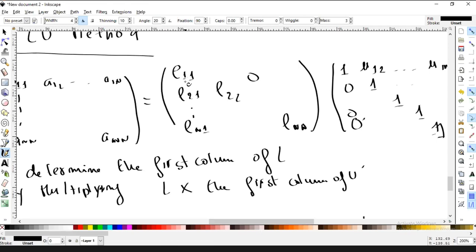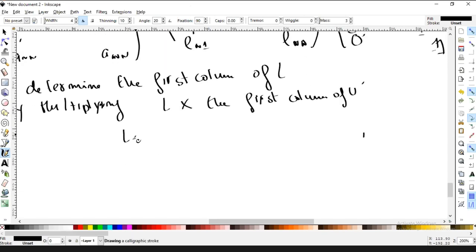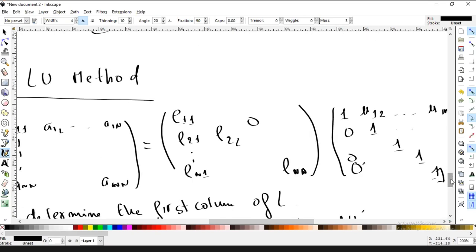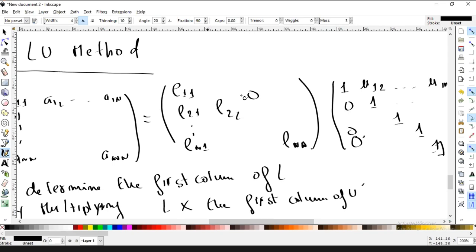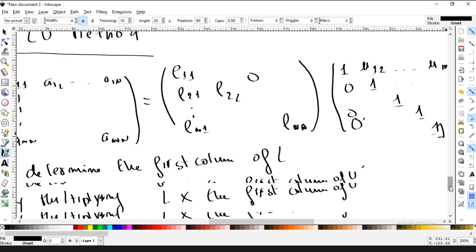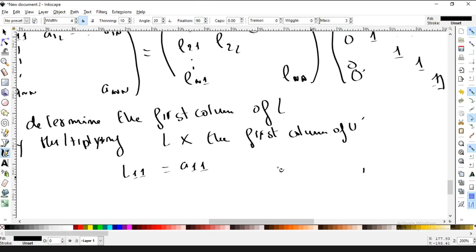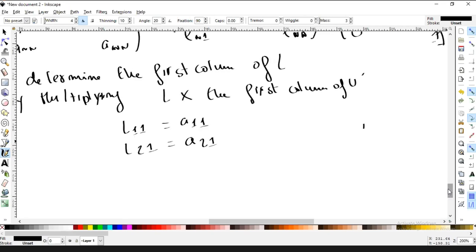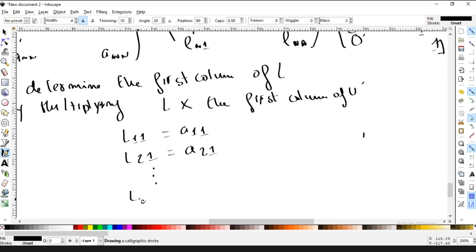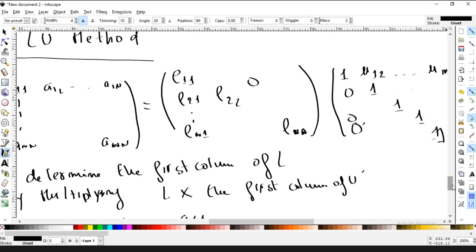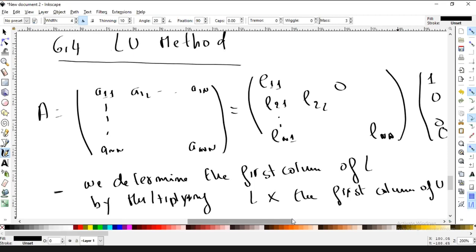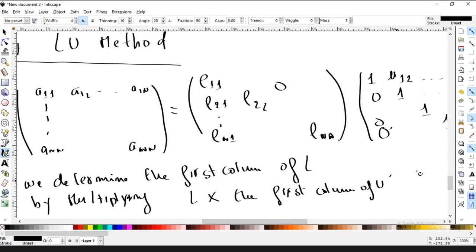So what you get is L11 equals A11, L21 is equal to A21, etc., Ln1 is equal to An1. Okay, this is fine.